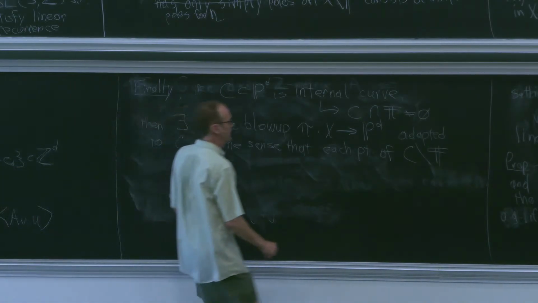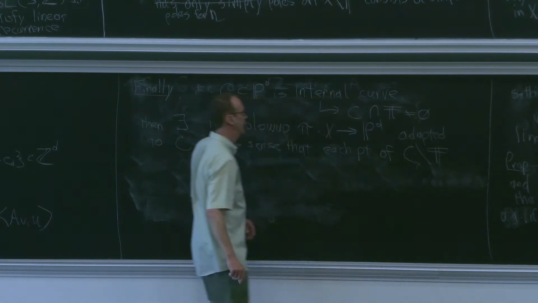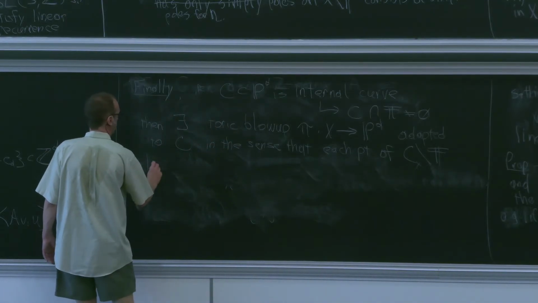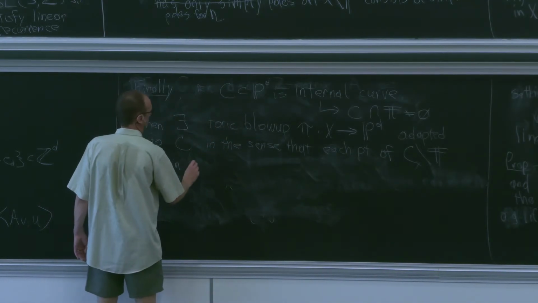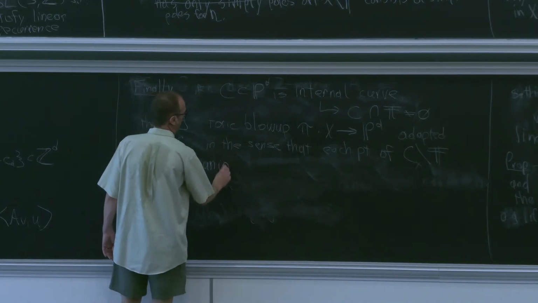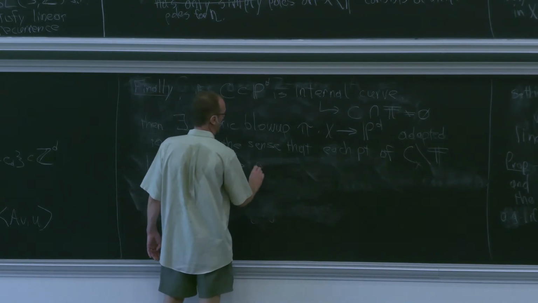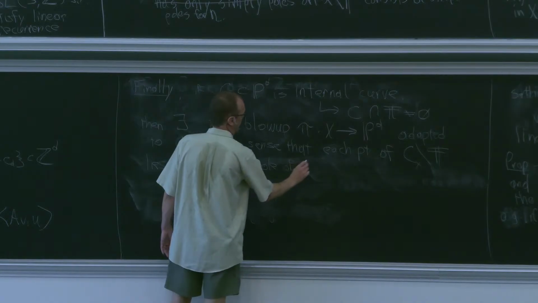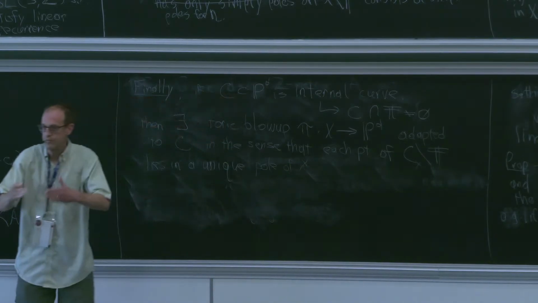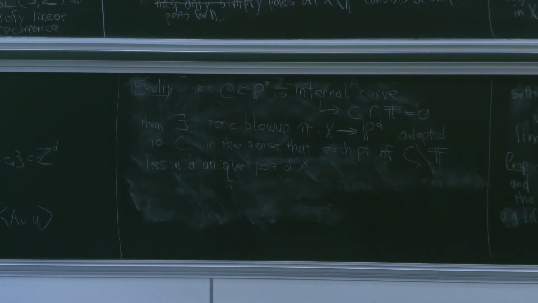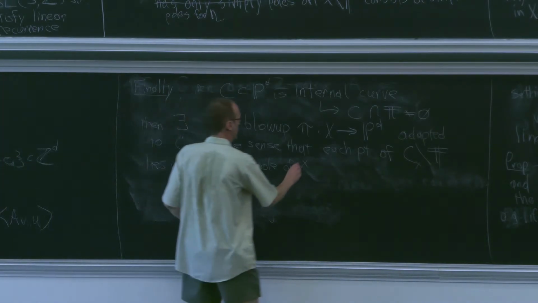lies in a unique pole of X. So you don't have intersections between C and two different poles at the same time here, okay?